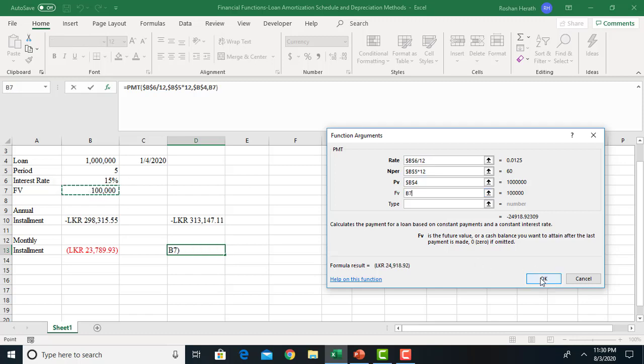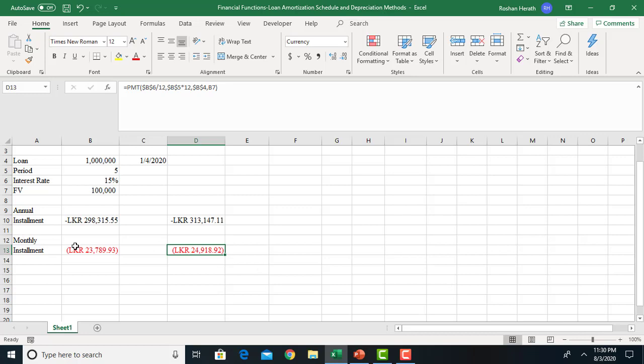In that case, you can see that if you go by the monthly installment, it is a little higher than the previous, and that is just to compensate the saving that you expect to have at the end of the loan period. So these are the basic aspects that you expect to know with respect to loan installment computation. We have calculated the annual installment as well as the monthly installment.